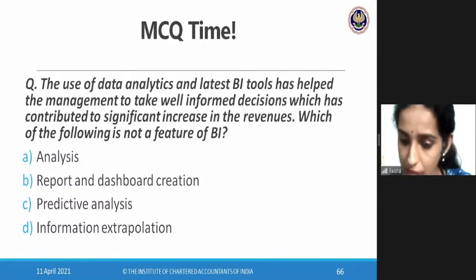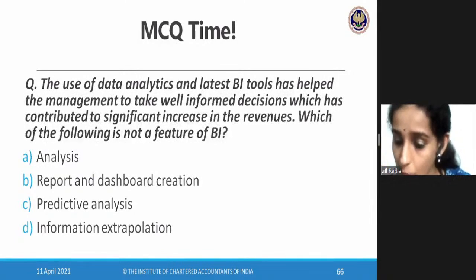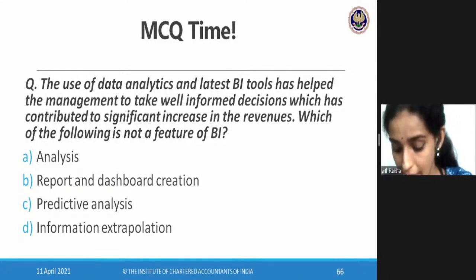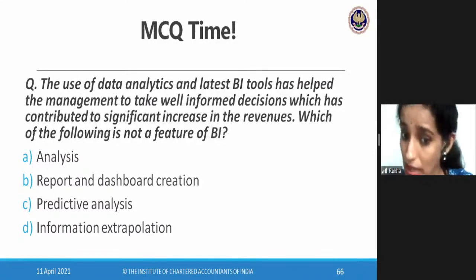You have a bunch of data, from that you are extracting that particular information, right? Or you have a report, from that whatever is required for your decision making you are taking. That's information extraction. The basic thing here is predictive analysis, not reports or dashboards. BI tools are there to create dashboards.